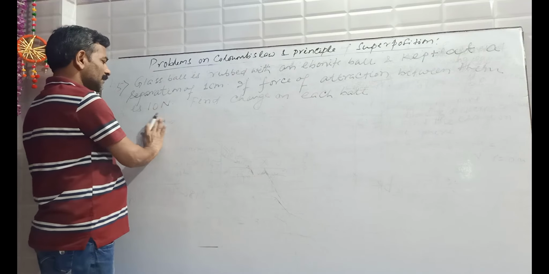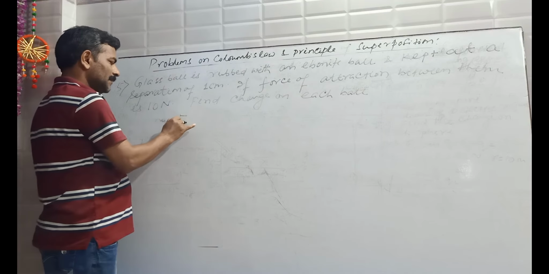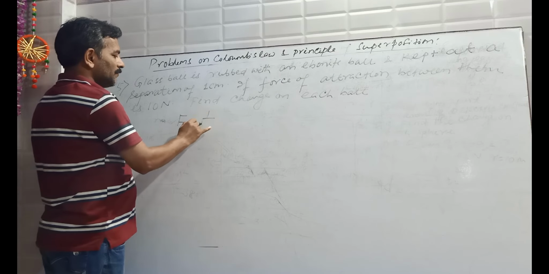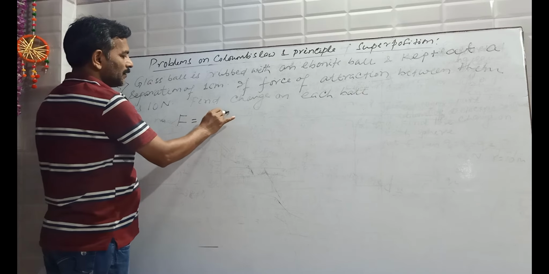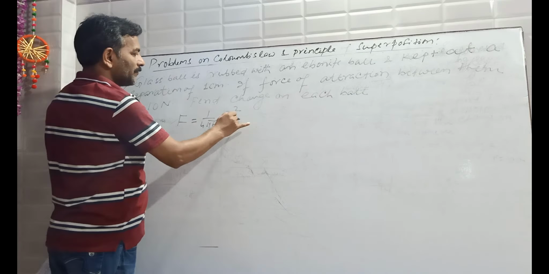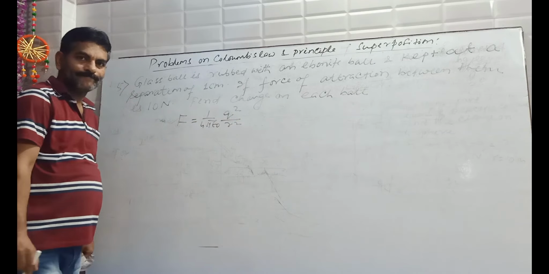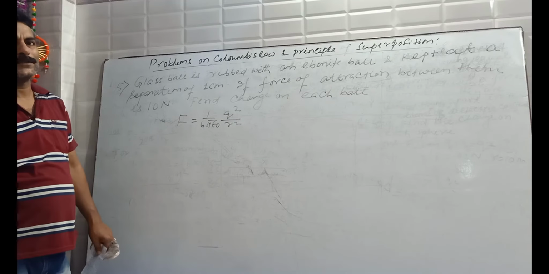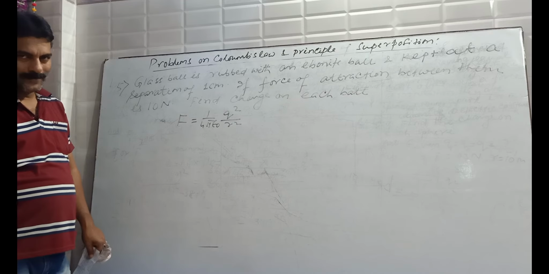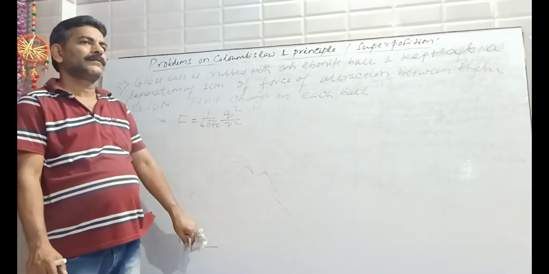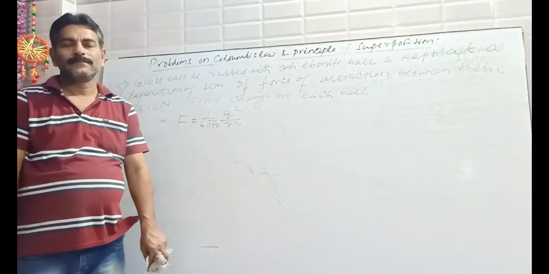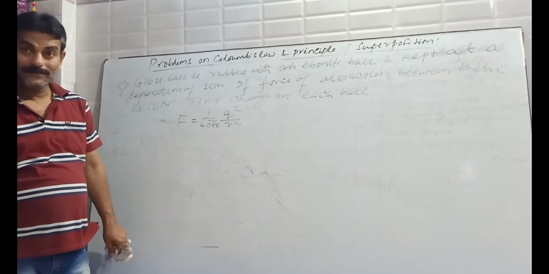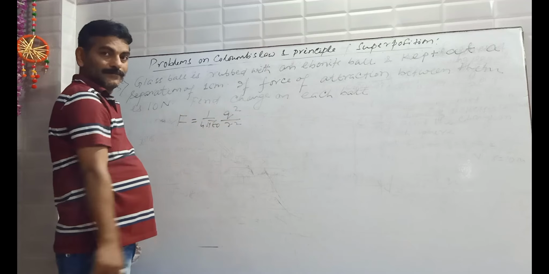You write F is 1 by 4 pi epsilon naught Q square by R square. One is Q and another is minus Q, so the force will be attractive. But in Coulomb's law, you have to take the magnitude of charge; you should not put the sign of charge here.